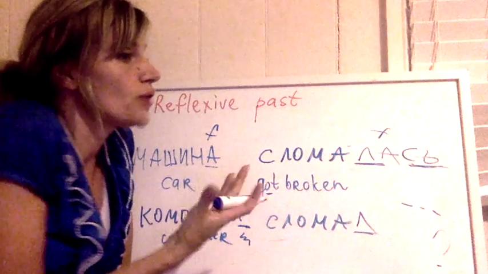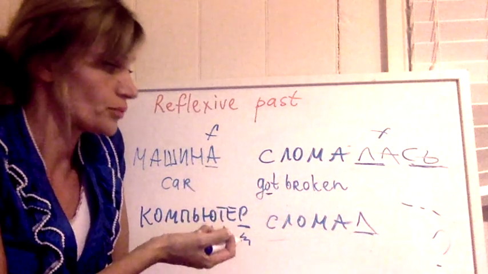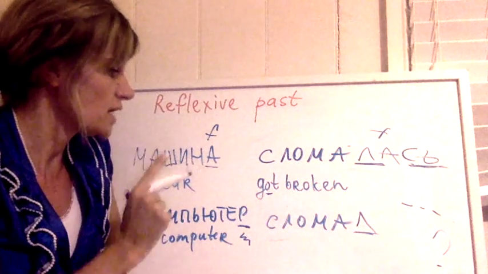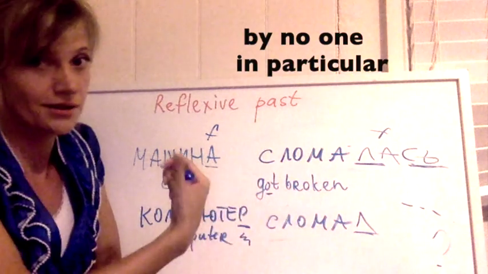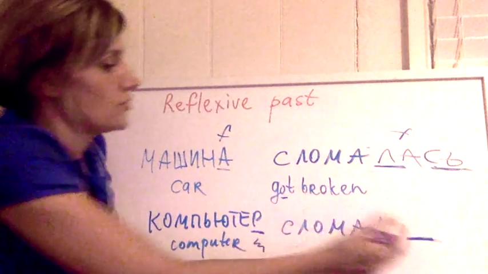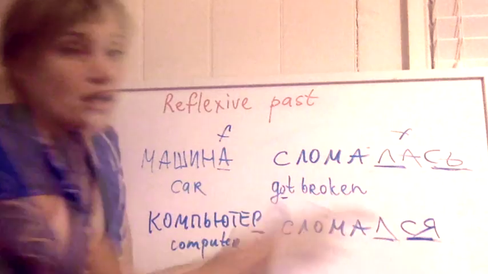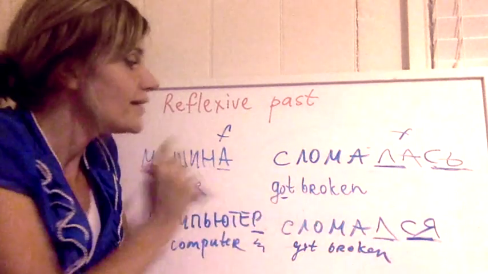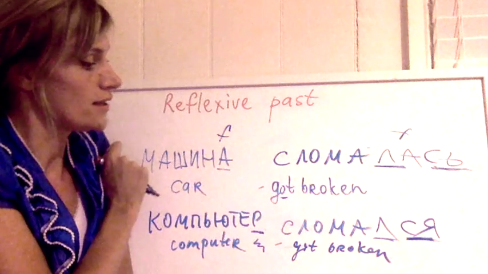Broke what? You kind of wait for what the computer has broken. A program, for example. This is not what we want to say. We wanted to say that the computer got broken itself. So there should be an ending here, the reflexive ending for masculine gender, ся. Компьютер сломался, got broken.